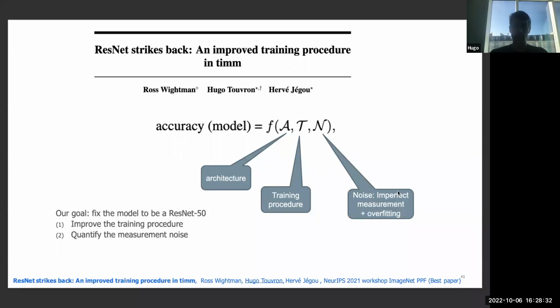On ImageNet, generally we report results on the validation set, and we also use the validation set during experimentation in order to design the training procedure. And we evaluate very frequently on this dataset, so we can introduce some kind of overfitting. So it can be interesting to take this into account.